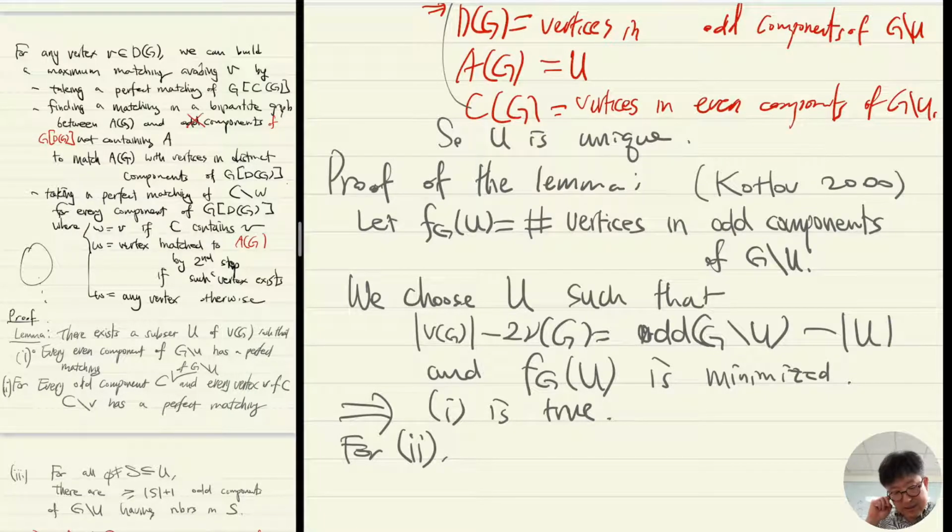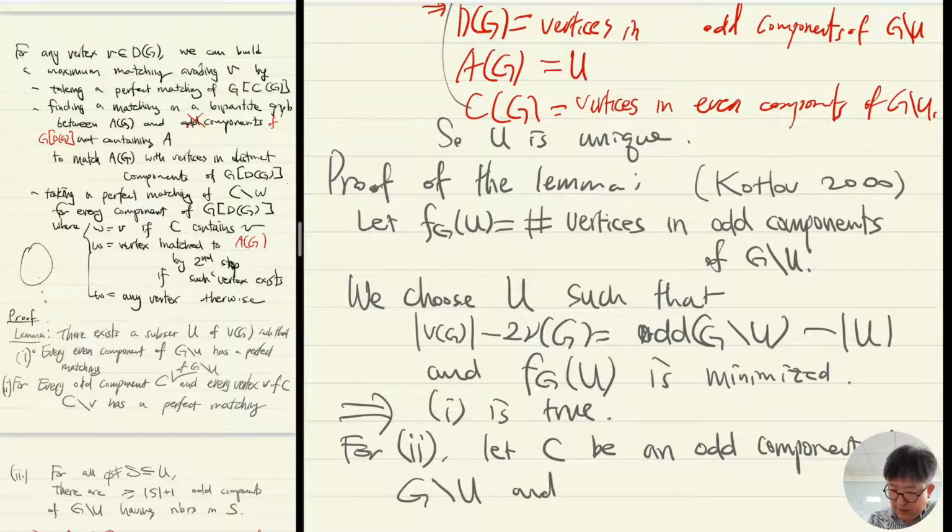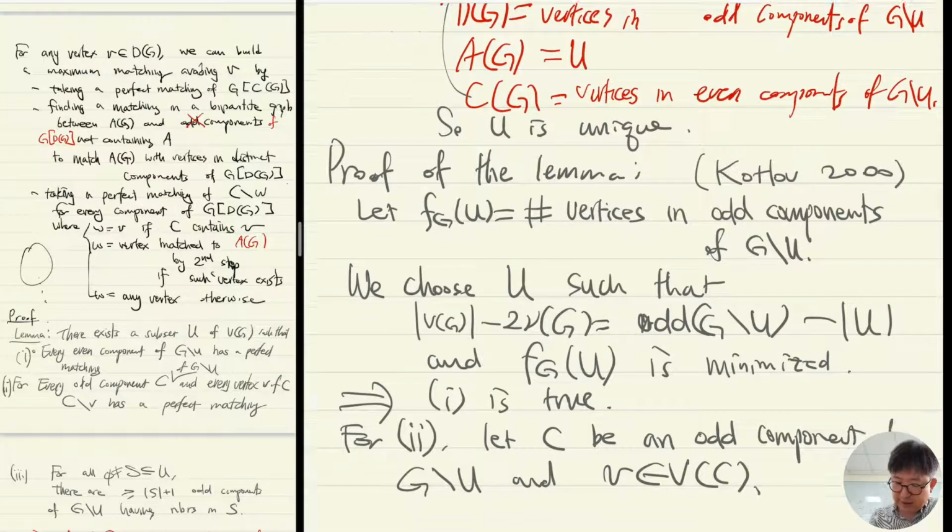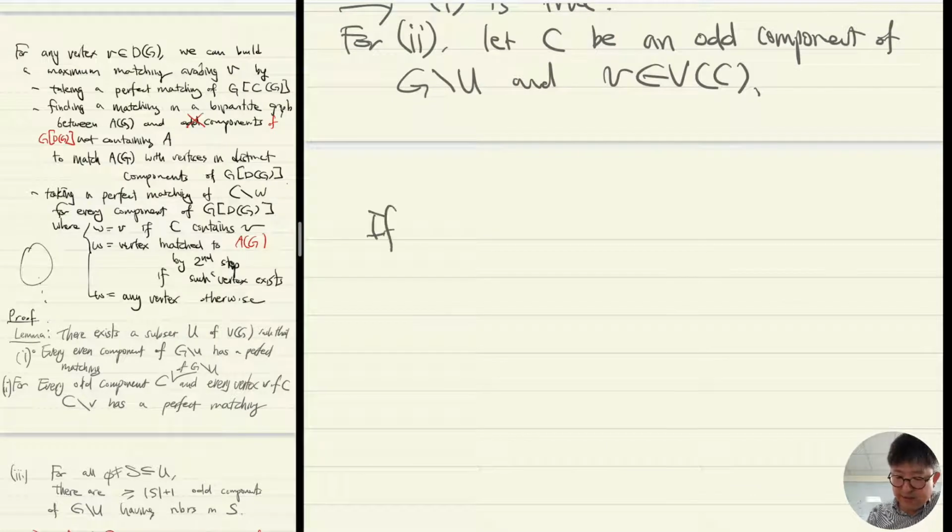Imagine that, so let C be another component of G delete U and V be a vertex. If C delete V has no perfect matching, what can happen?